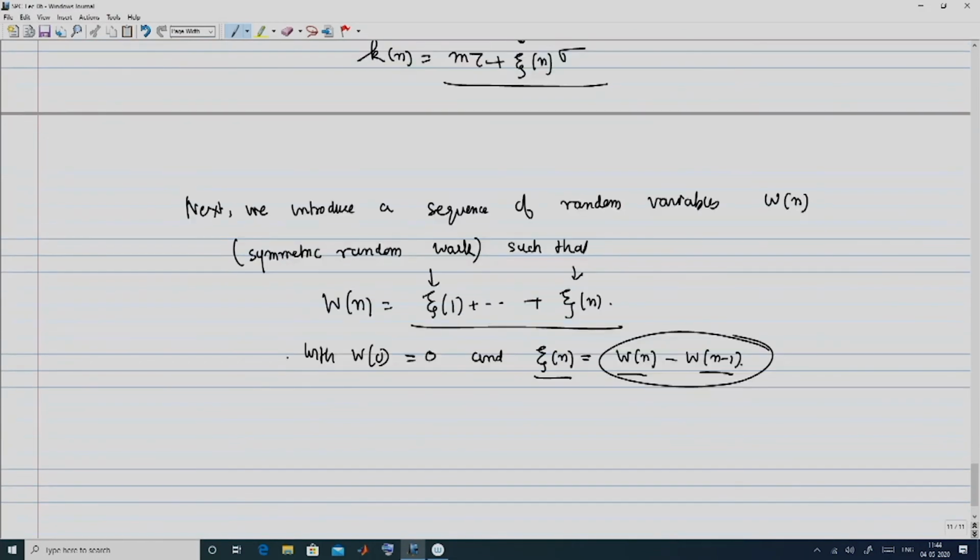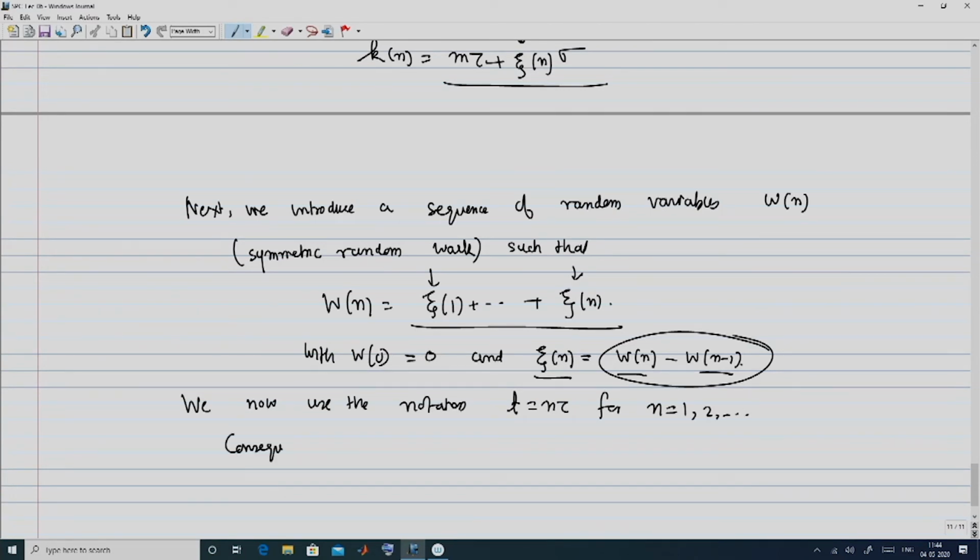Okay. So, consequently, now what we do is that we first of all make a slight change of notation. So, we now use the notation t is equal to n tau for n is equal to 1, 2, and so on.